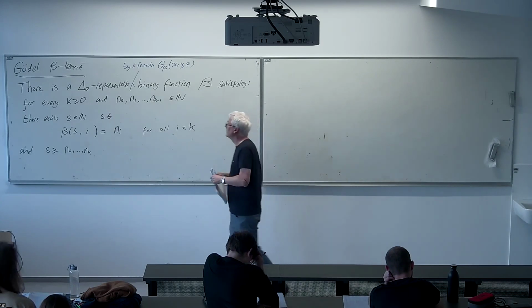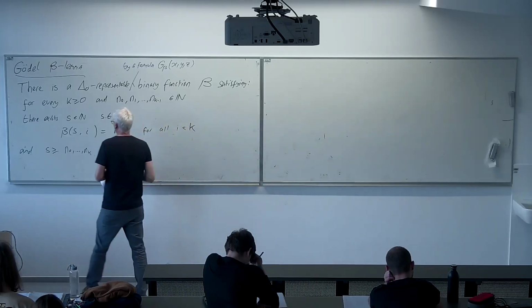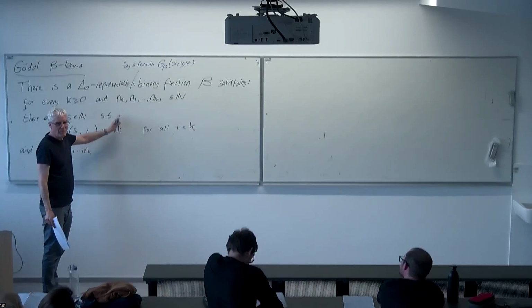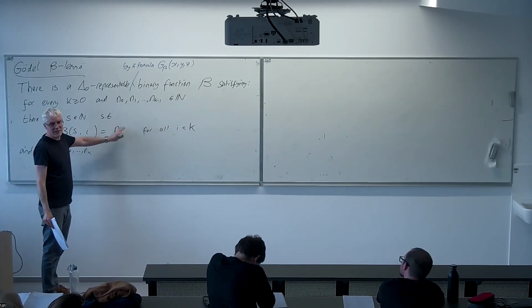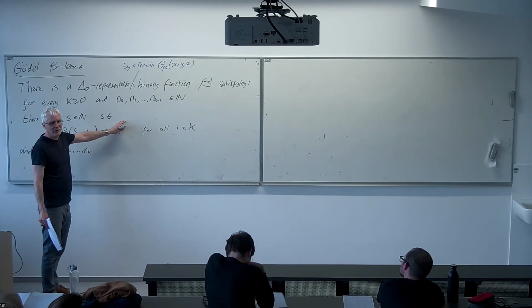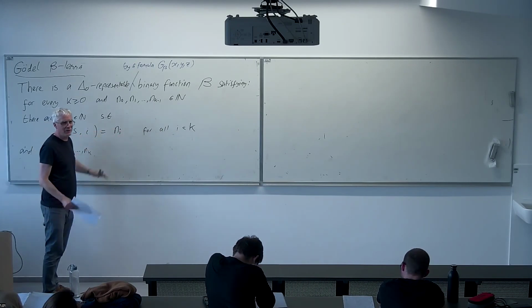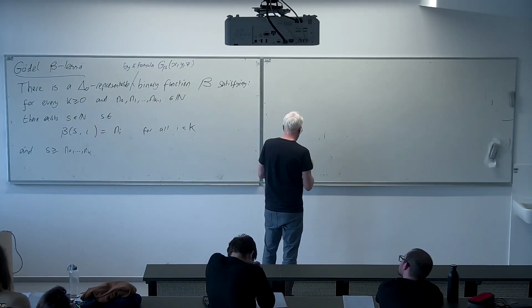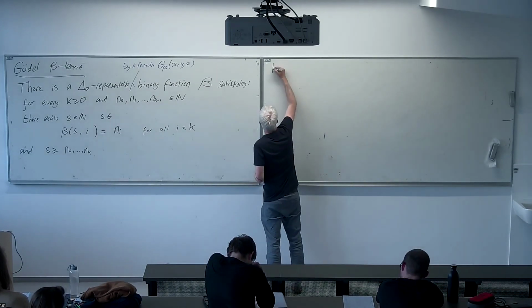Actually, when I stated the beta-lemma, I said it's hard to define the beta function, the beta formula, so we were postponing it. It's not actually that hard to define. What's difficult is to prove that it works. So let's define the beta function. So the proof of the beta-lemma.